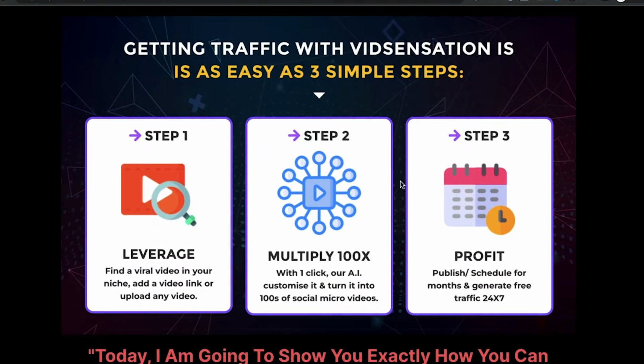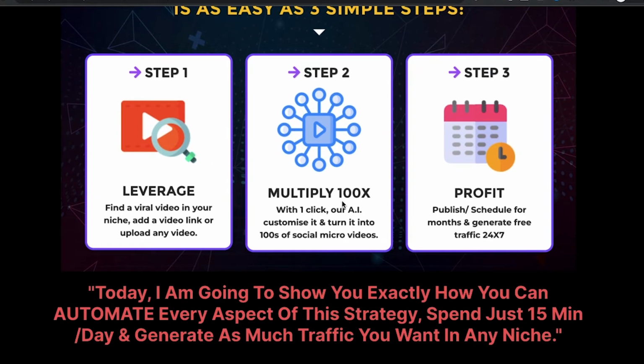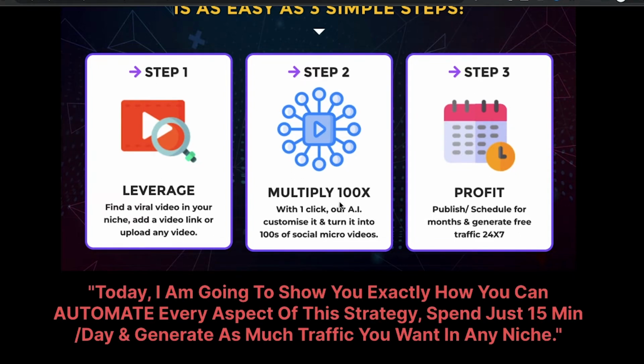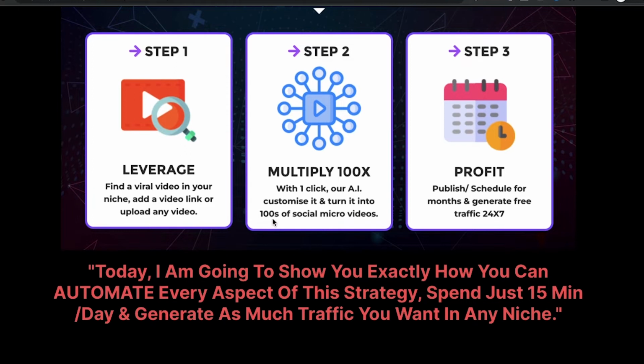Step 1, 2, 3. Leverage, find viral videos in your niche and add video link or update any video. Multiply 100. Multiply. Yes, step 2, multiply. With one click, our AI customize it and turn it into 100 social micro videos.